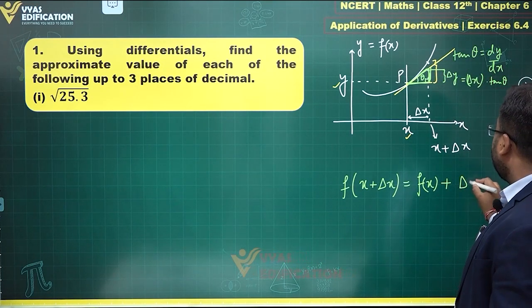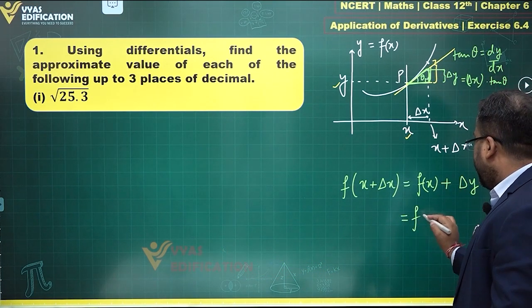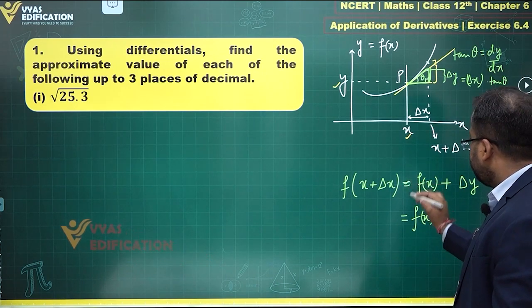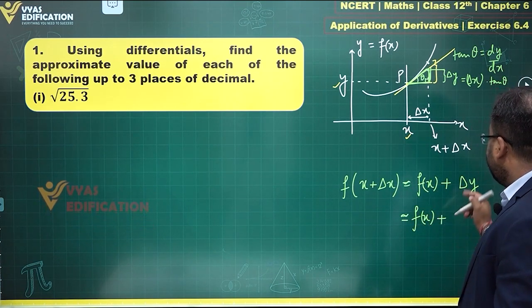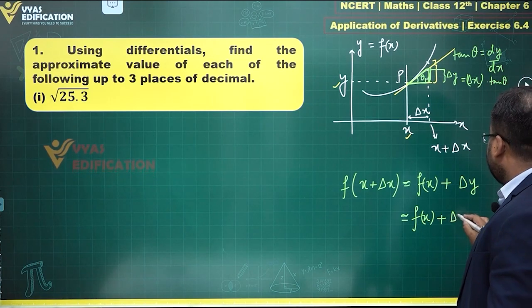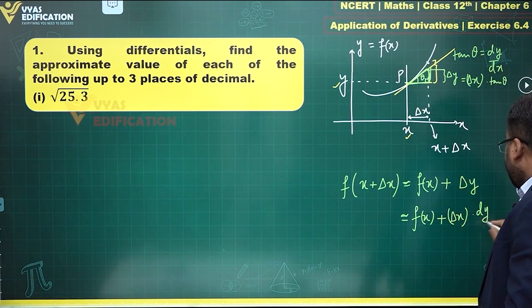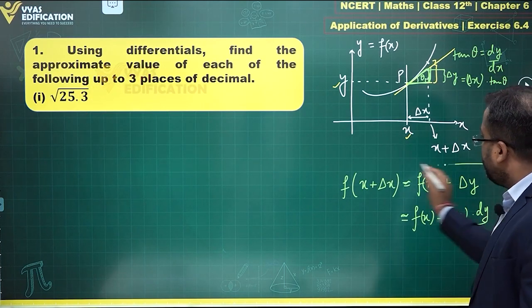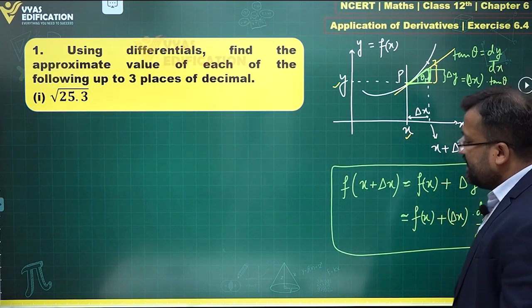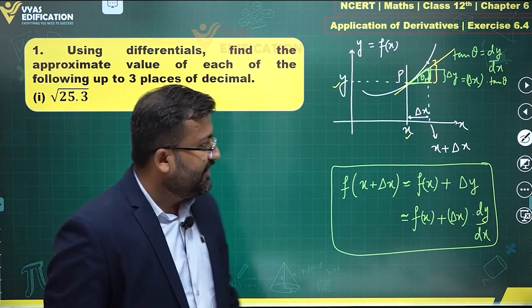And delta y is approximately delta x times tan theta. And what is tan theta? Tan theta is nothing but dy by dx, and this is a result that you can remember.